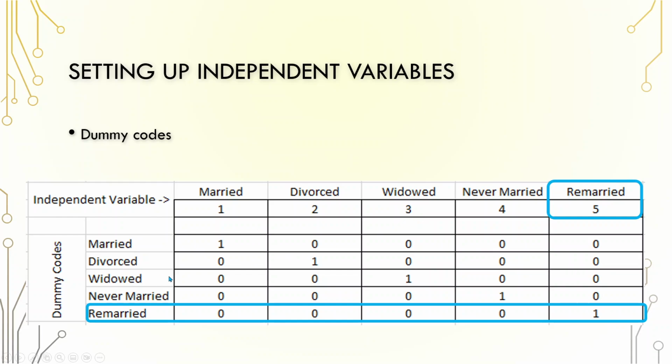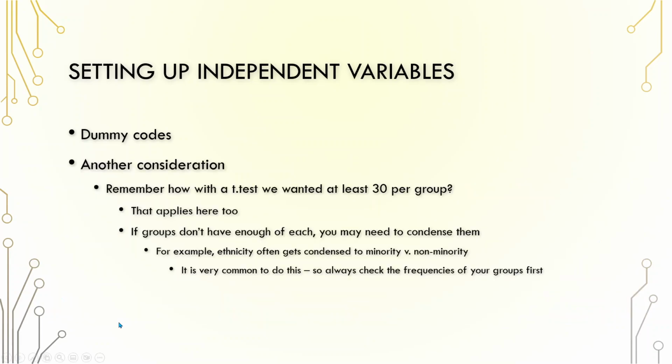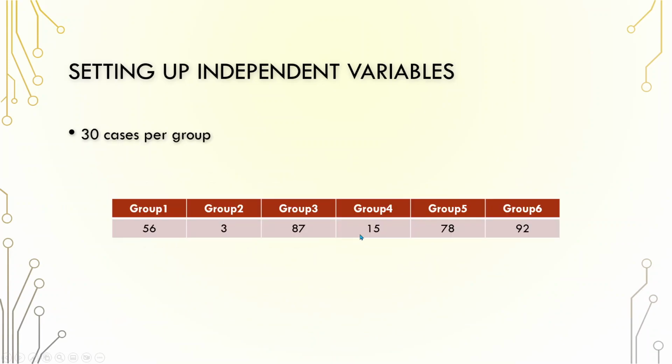So you want to run some descriptive stats here first. Make sure you know what you're working with. Make some decisions before you just go ahead and make all 5 of those groups. Like in this example, if we only had 15 people in group 4 and 3 here, those are going to need to be grouped with one of these other groups in some way that makes sense.